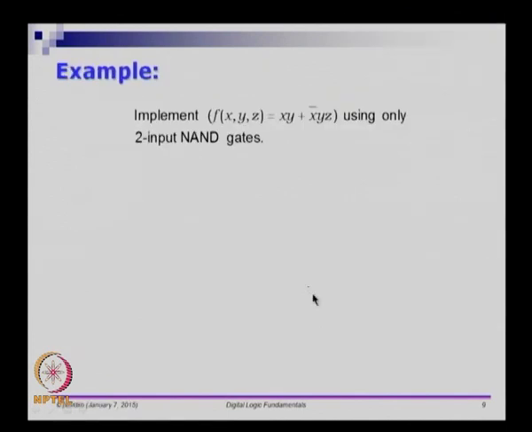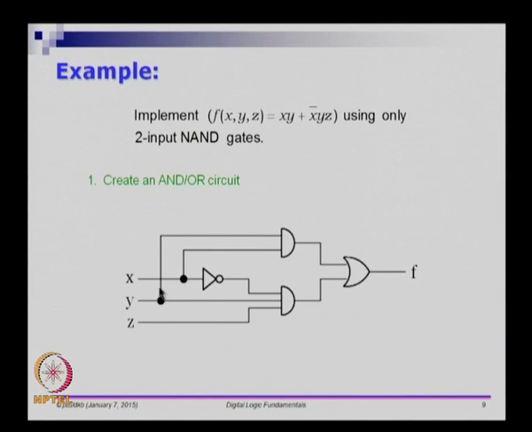So let us see if we want to implement a function like this using only 2 input NAND gates, right. So xy plus x bar yz, we want to implement this using only 2 input NAND gates, then we can do something like this. So this is xy, we AND it together, you have it here, then this is x bar yz, ANDed together and you logically OR it.